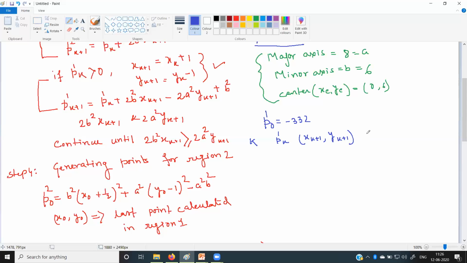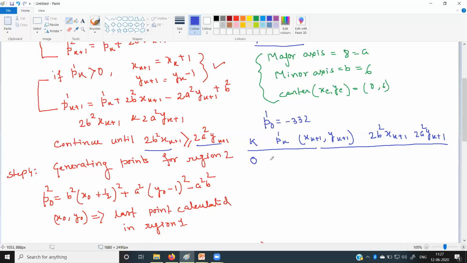For region 1, I can stop if these two conditions get satisfied. So definitely we have to compute 2b square x of k plus 1 and 2a square y of k plus 1 also. Those are the different things we have to compute for generating the points of region 1. If you write this in the form of a table, it will be easy for you.